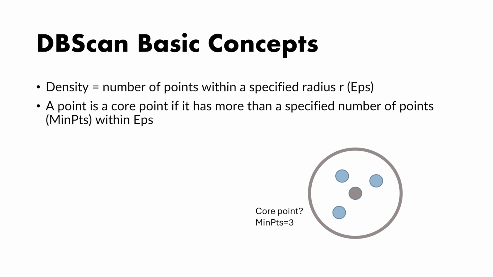In DBScan, you classify a point as a core point if within a certain radius that you have to define, there are more than a certain number of points that you also need to define. So you need these two parameters in DBScan, the radius and the minimum points that define the density of a core point, the minimum density of a core point.